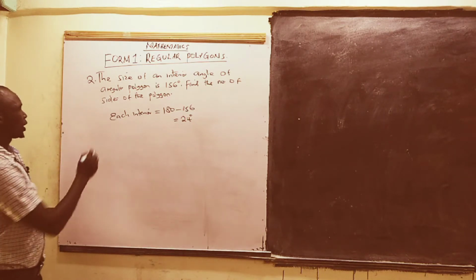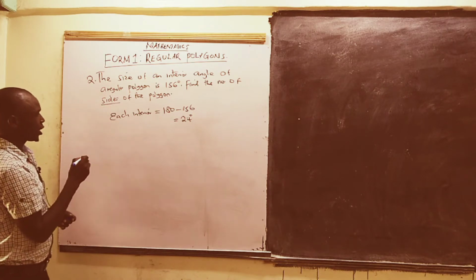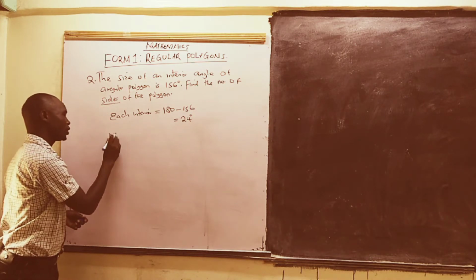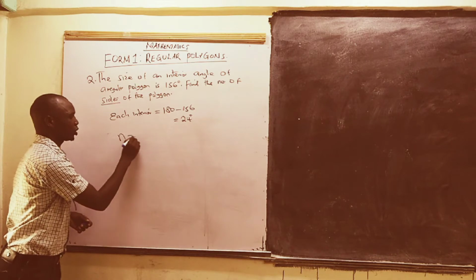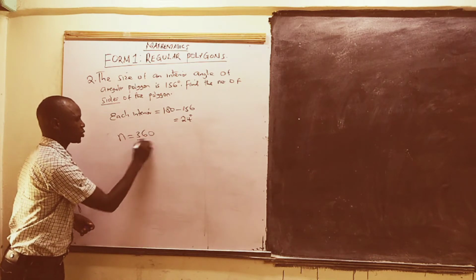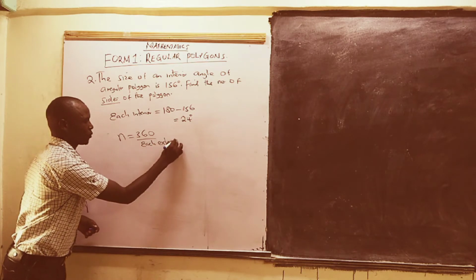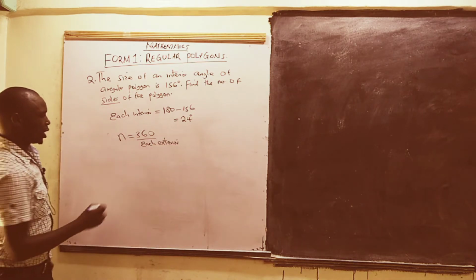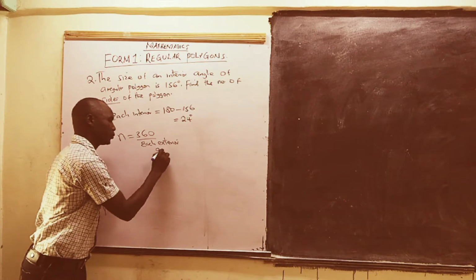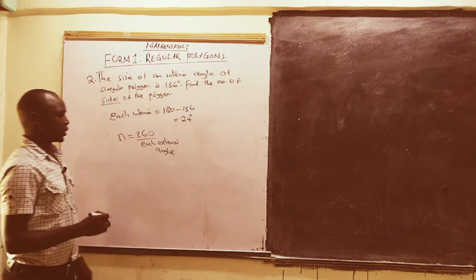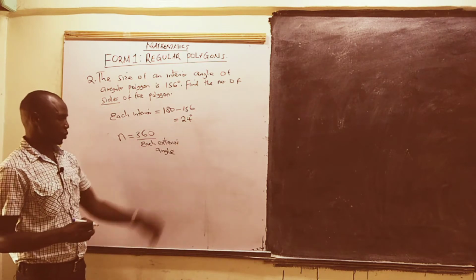And we know to get the number of sides here, which is n actually, is going to be equal to 360 divided by each exterior angle, and our exterior has already been found as 24.